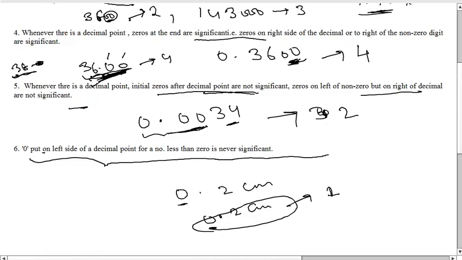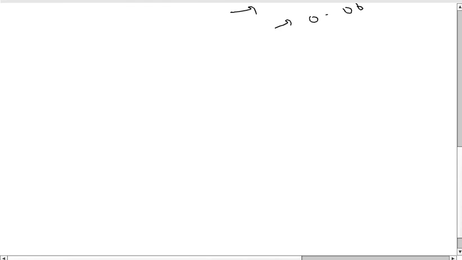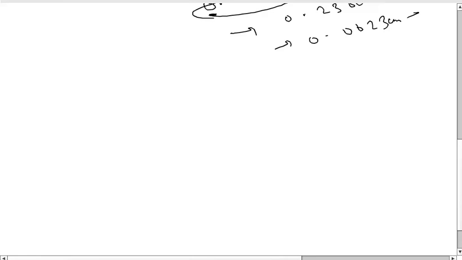So let's take some more examples. 0.2300 centimeter. In this case significant figures are 4. If I say 0.0023 centimeter, significant figures are 2. Understood? Done, all of you?